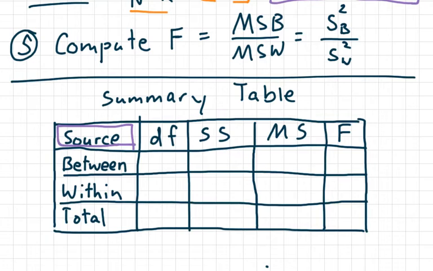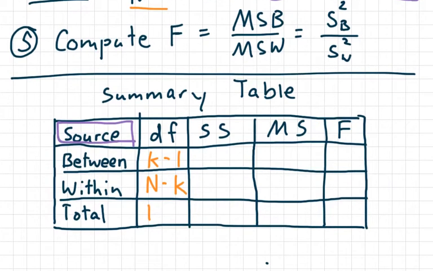But what we'll do here is we'll say, okay, between groups, the degrees of freedom are k minus 1. So we'll figure out what that is for our particular problem. We have n minus k for this. And when we add these up, we should have that be equal to the total. So that would simply become n minus 1, right?